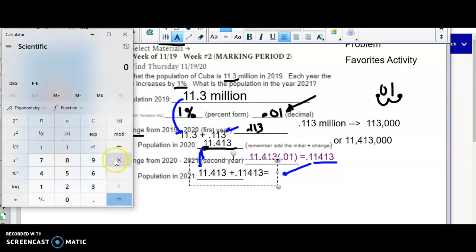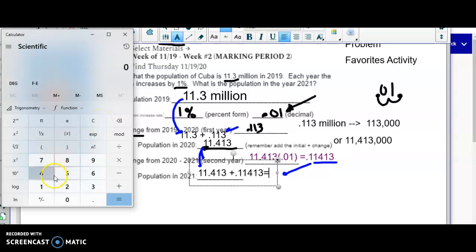Let's go to our calculator. 11.413 plus 0.11413. Now I feel like something disappeared. I forgot my decimal. These decimals are so important, we can't forget those.